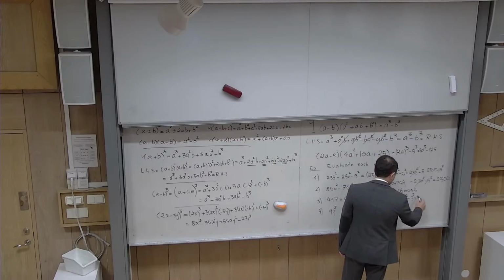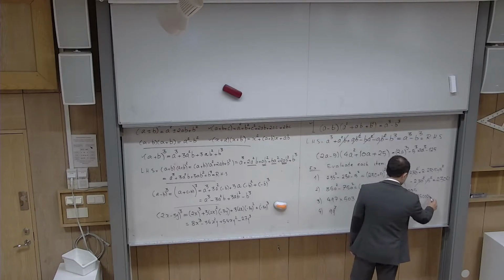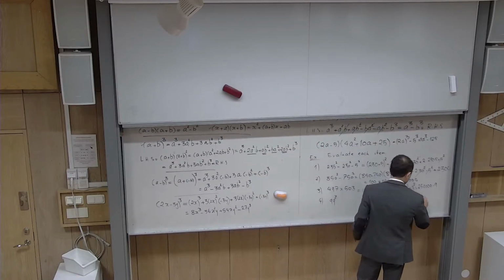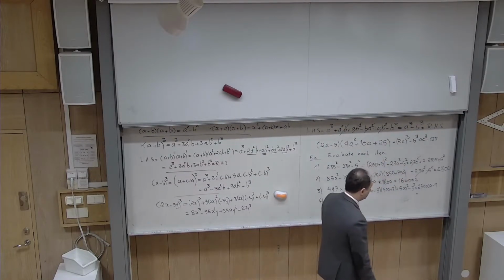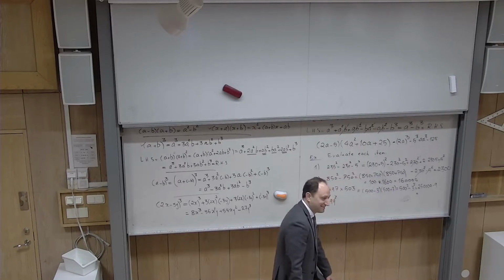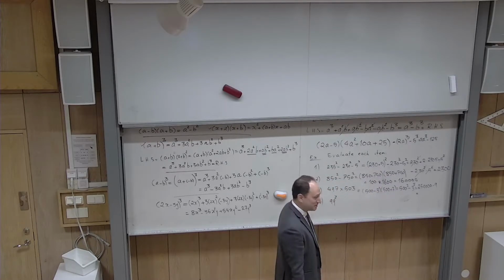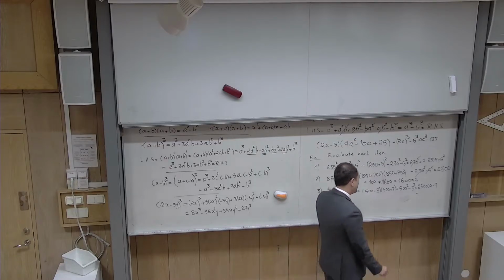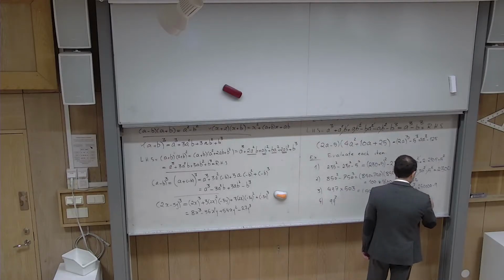The first one squared is simple with 4 zeros, yes? And then I have minus 9. So what's the answer here now? What's the answer? It's harder to calculate this one rather than 249,991.